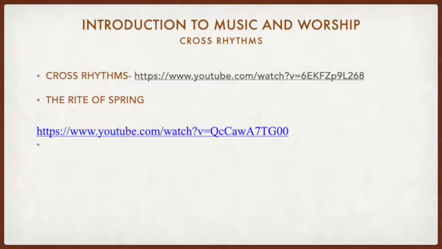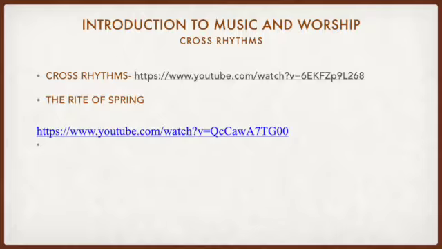And if you combine them both together, you get the 1, 2, 1, 2, and the 1, 2, 3, 1, 2, 3. That is a simple illustration of cross rhythms.